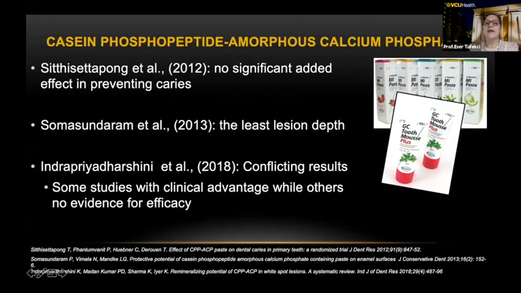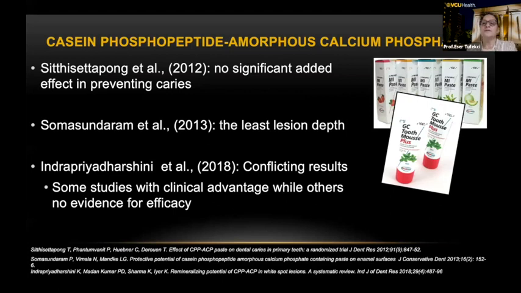As far as MI Paste, which I included in that survey study, and that was one of the questions, MI Paste is actually a casein phosphopeptide amorphous calcium phosphate. In the US, it is MI Paste. In Europe, it is marketed as Tooth Mousse, and Tooth Mousse Plus is the one that has fluoride in addition to CPP-ACP.